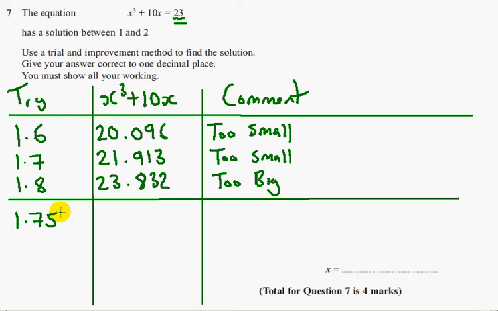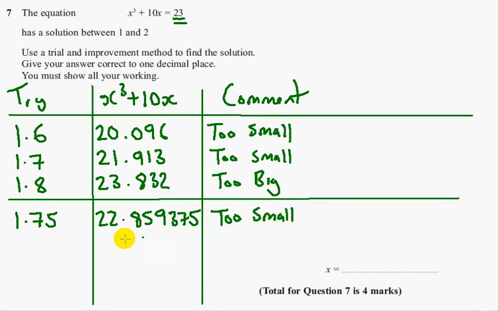So 1.75 cubed plus 10 lots of 1.75, and that's 22.859375. Okay, and at that point, at the halfway point between 1.7 and 1.8, it's still too small.